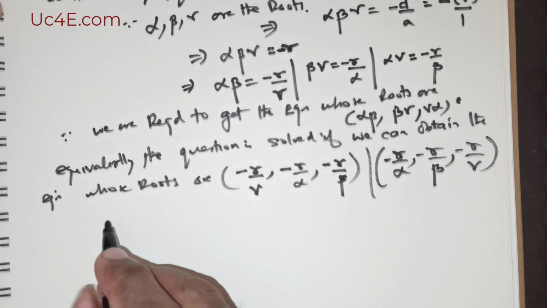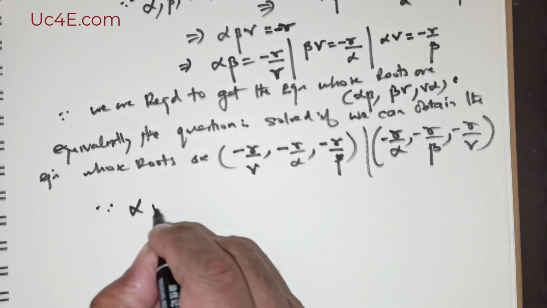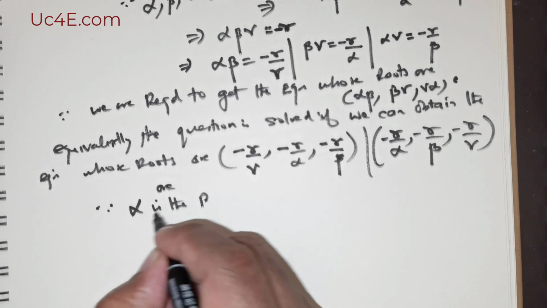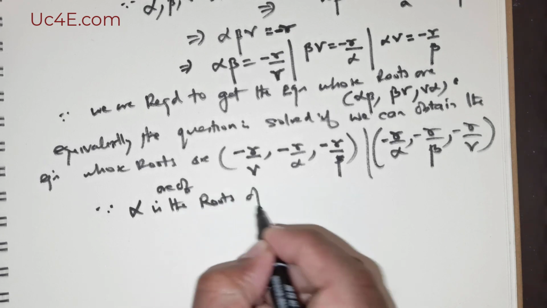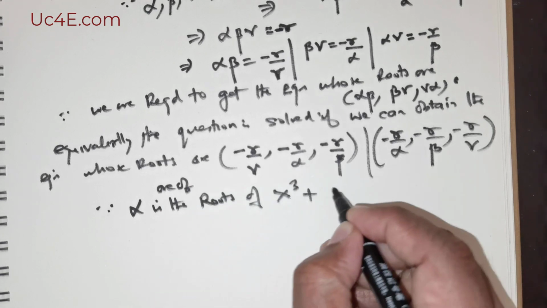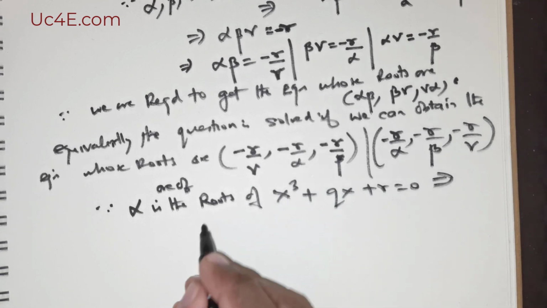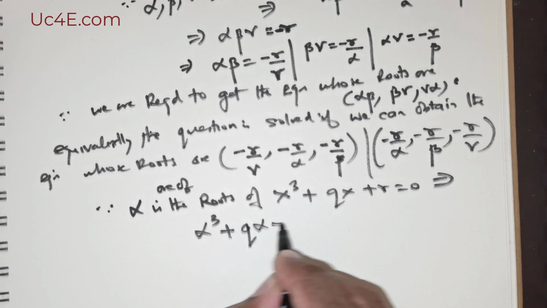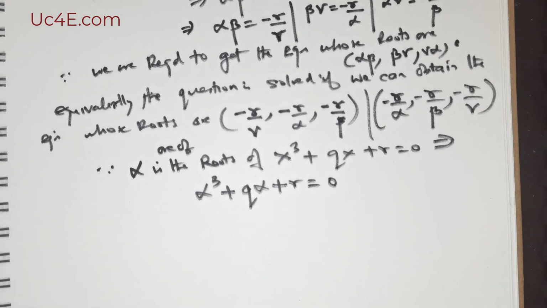So now, coming back, since alpha is one of the roots of x cubed + qx + r = 0, this means I substitute alpha here. Alpha cubed + q times alpha + r = 0, right?